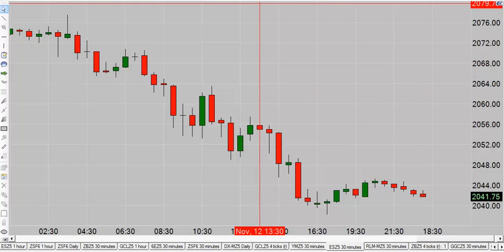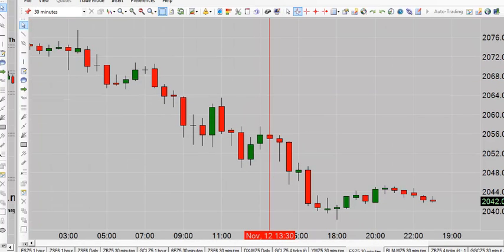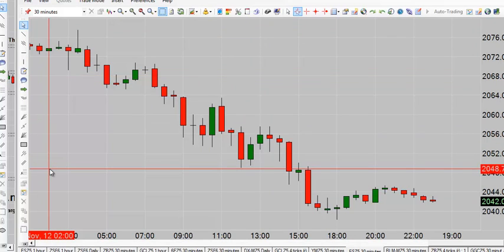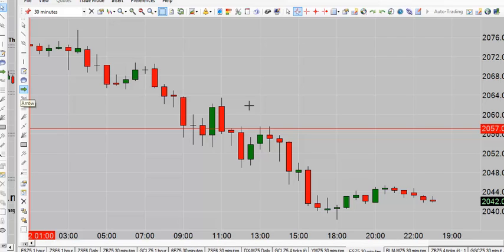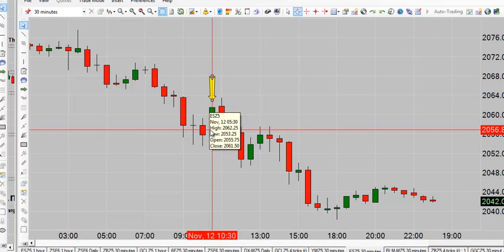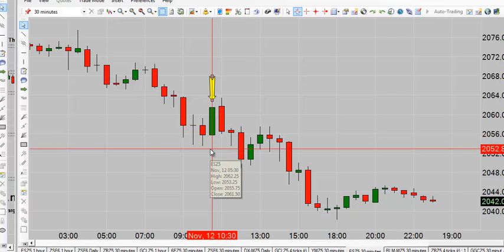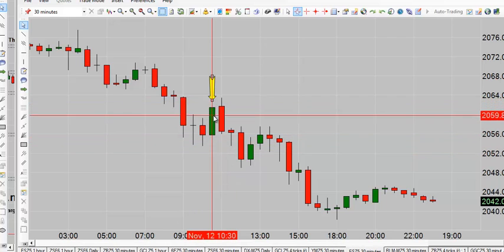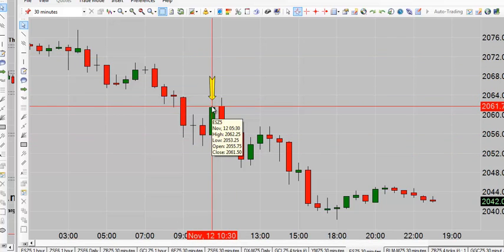Why am I having a problem with my... There we go. Okay, so 10:30. You see the crosshair on my cursor, November 12th, 10:30. So it's at the beginning of this 30-minute candle, 10:30 Eastern. That's when the trade is published.